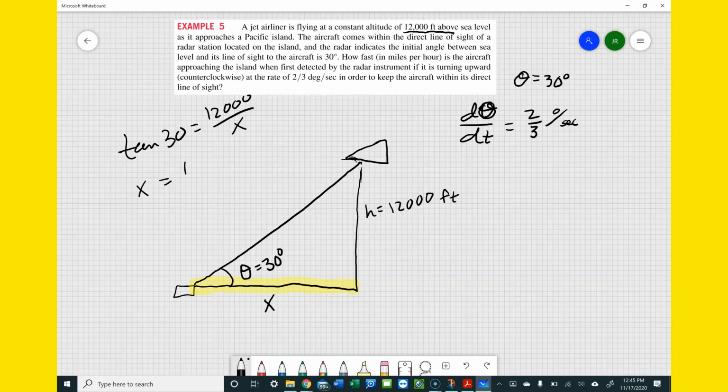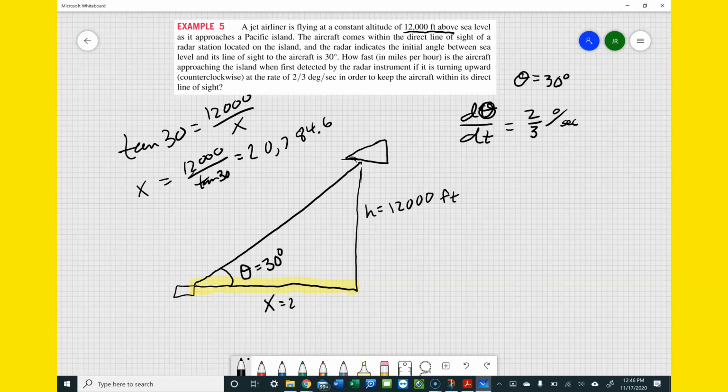X equals 12,000 over tan 30, which equals 12,000 divided by tangent of 30 equals 20,784.6.